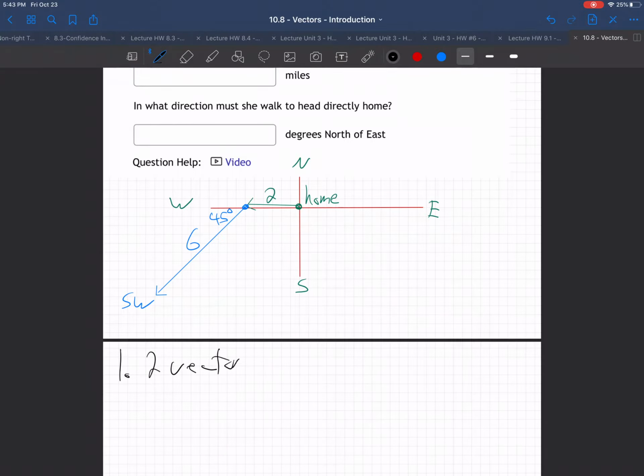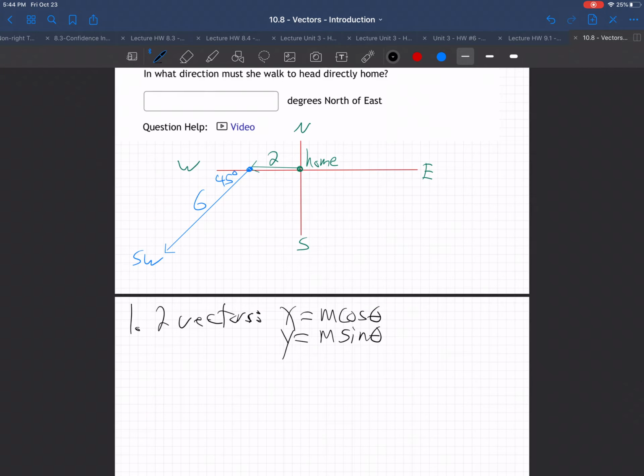Find the two vectors. So the first vector, remember how you always find vectors is you always have the x value is m cos theta, m is the magnitude. The y value is m sine theta. Again, m is the magnitude. So the first one is pretty easy, right?